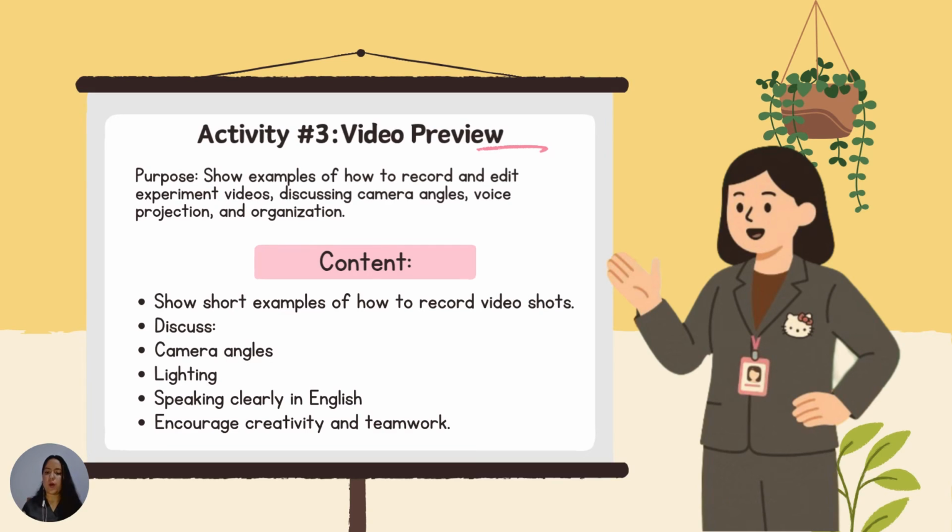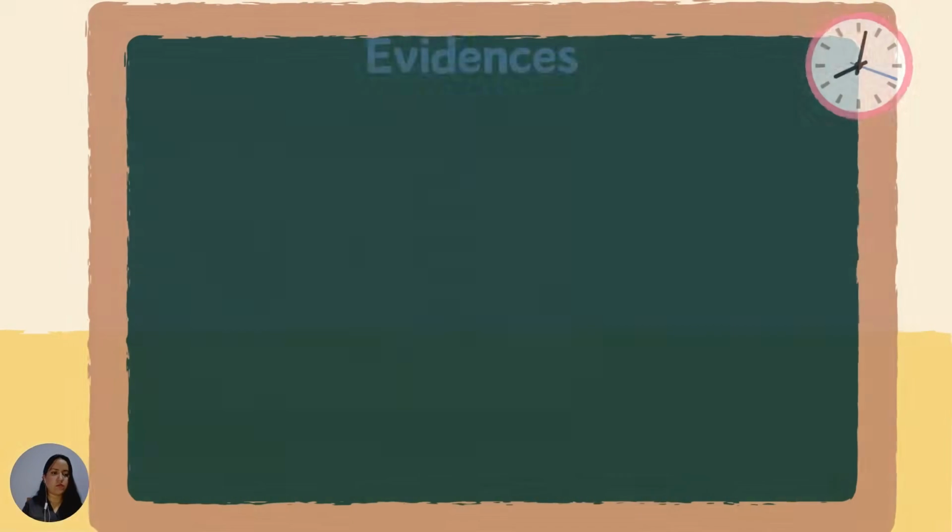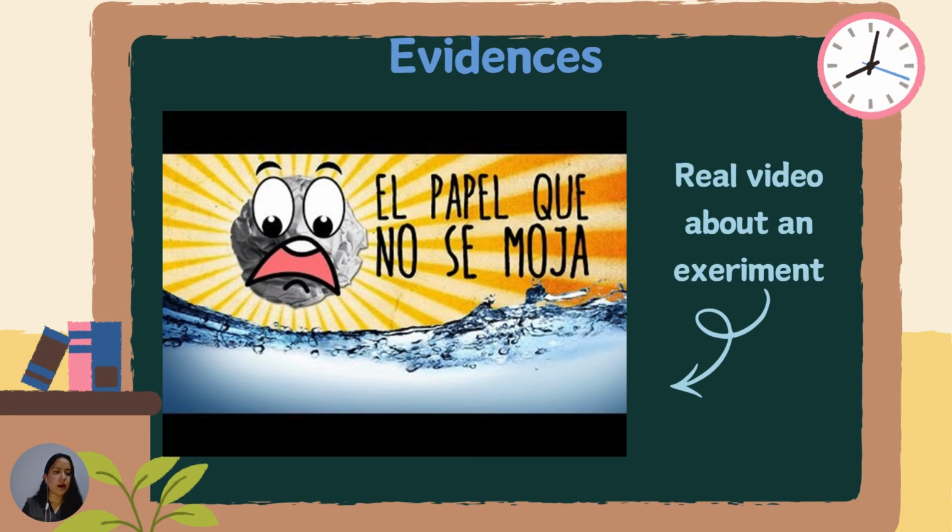Students are going to watch a previous segment of videos from YouTube that show them samples of how to take a good video shot. This activity guides them on camera angles, frames, and sounds, so they can create better quality recordings. For this, we use a real video about science experiments.